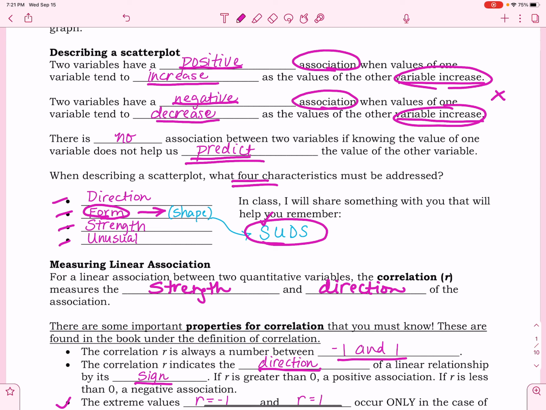So shape, is it linear or not? Those are your only options. So your scatter plot is either linear or it isn't. Unusual features are the same things that they were in Unit 1. Outliers, anything unusual. Direction, well, direction can only be positive or negative. And then, of course, the last thing is going to be strength. So in other words, how strong is the relationship between my two variables?